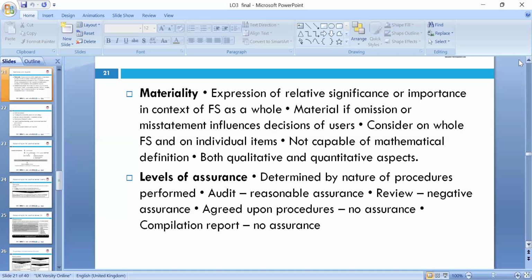So materiality is expressed as the relevance, significance, or importance in the context of the financial statements as a whole. Material omissions or misstatements influence the decisions of the users, and we consider the financial statements as a whole and the individual items. It is not capable of a mathematical definition; it has both qualitative and quantitative aspects. That's what we need to be in line with.